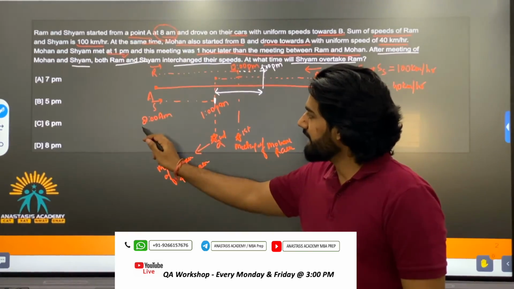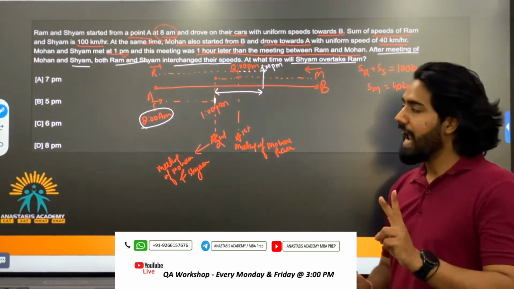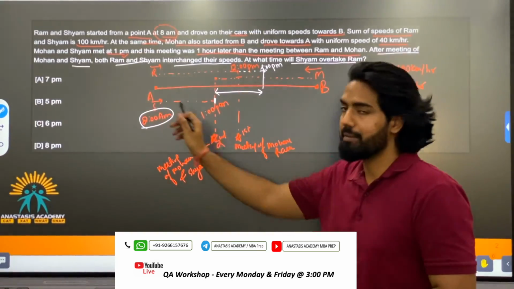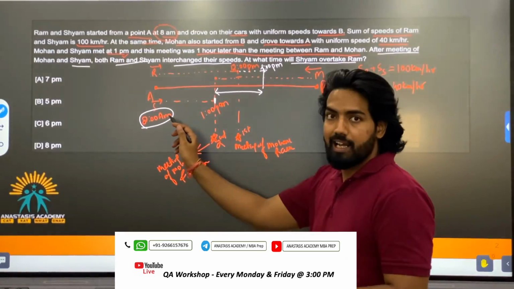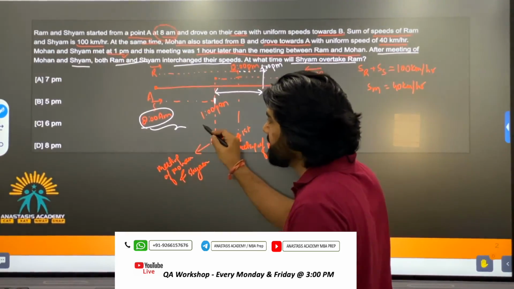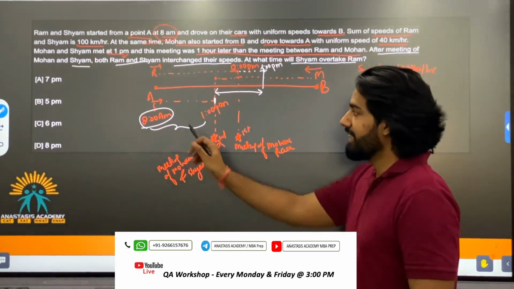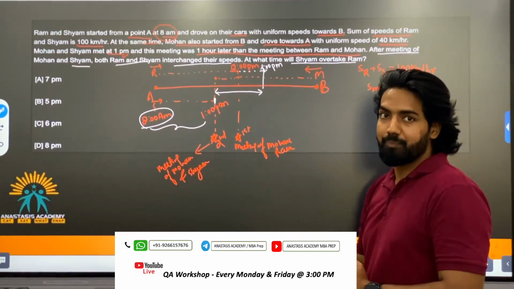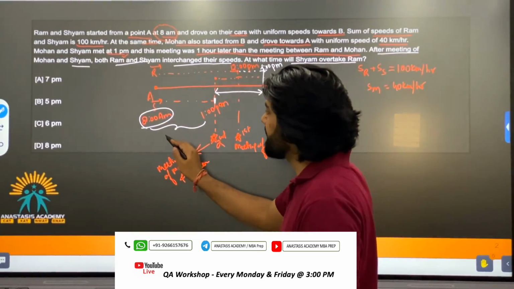Ram and Shyam started simultaneously at 8 am, and this gap has been created between them in how much time? From 8 to 1 pm, that is in 5 hours.